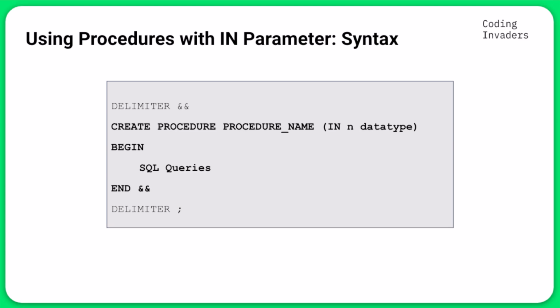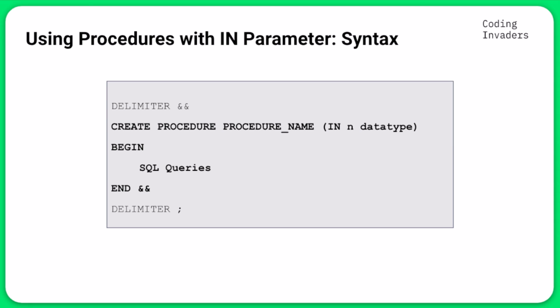Again, we start with the keyword DELIMITER with a space and two ampersand symbols. Start with the keywords CREATE PROCEDURE and give a procedure name. Since it is an input parameter, I'll give first IN, then n, and give a data type. Then we BEGIN. You write your SQL query inside the BEGIN and end it with the keyword END and two ampersand symbols.